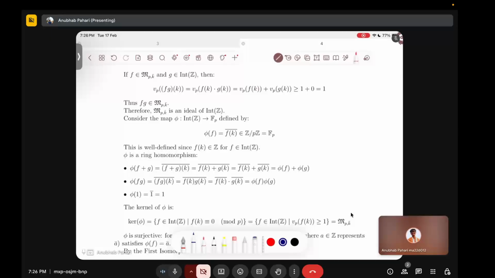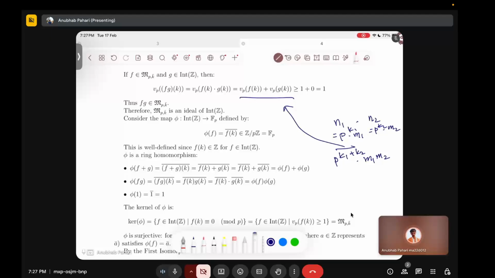Because if you are given two integers, one is p to the power k1 times m1, and the other is p to the power k2 times m2, and if you multiply them, it should be p to the power k1 plus k2 times m1 m2. So yes, it is clear. Thus f times g belongs to this set, and therefore M_{p,k bar} is an ideal of Int(Z).